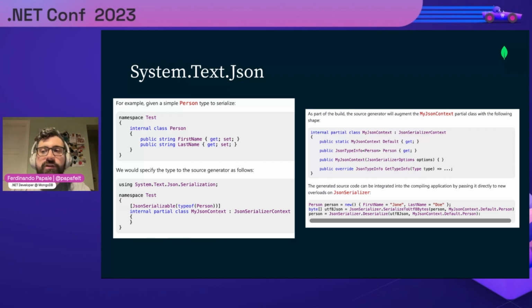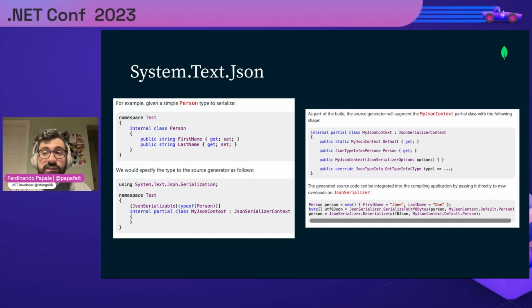So you may be wondering, why did they need to add a source generator to this library? Well, before this, the whole serialization process was done with reflection. Reflection was needed because, in order to serialize a certain class, you need to know what properties are there, the type of the properties, and so on.